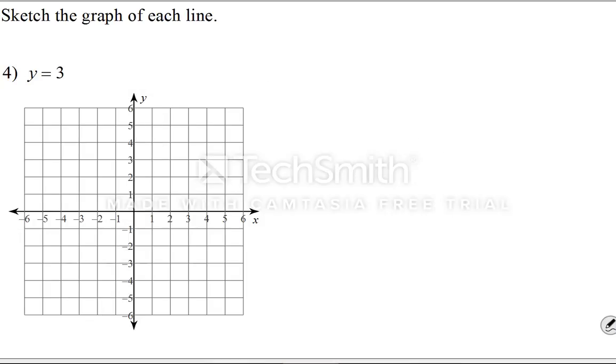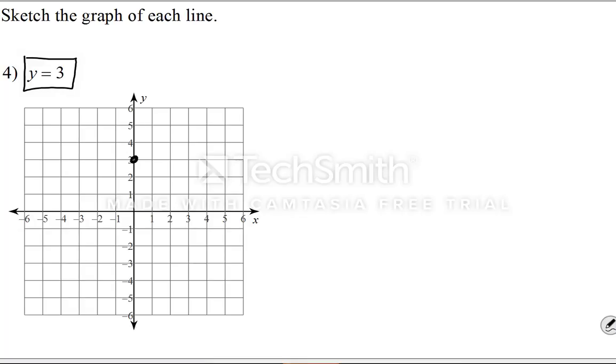Let's go to 4. I have y is equal to 3. So this is what we call one of our special cases. So the first thing I need to do is find out where y is 3. Where is y 3? Y is 3 right here. Now, there's some other strategies to employ for this particular equation.